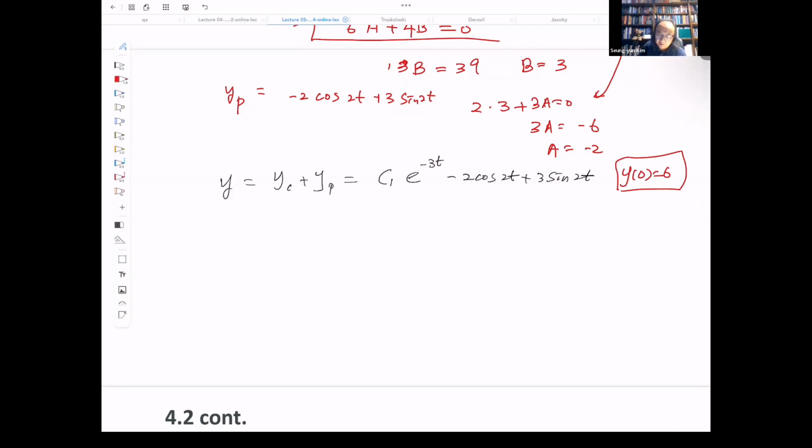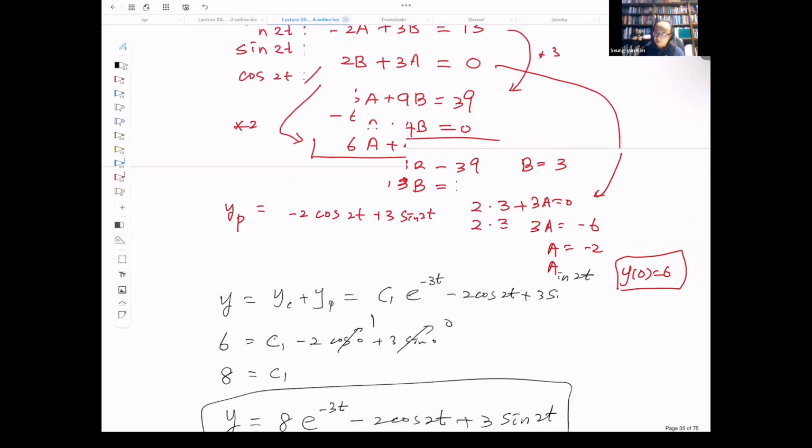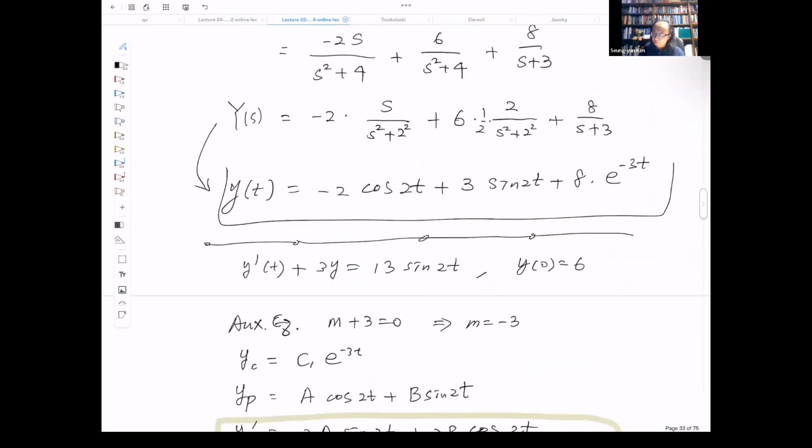You plug it in: 6 equals c1 minus 2 cosine 0 plus 3 sine 0. The sine is 0 and the cosine is 1. So c1 equals 8, and our answer is 8e to the negative 3t minus 2 cosine 2t plus 3 sine 2t, which is what we have here.